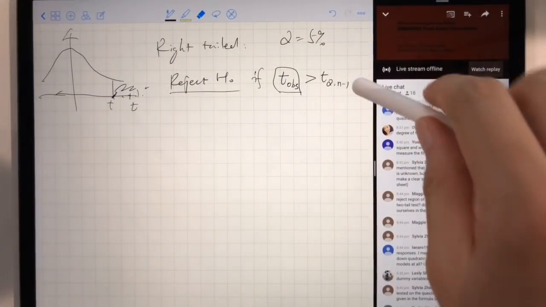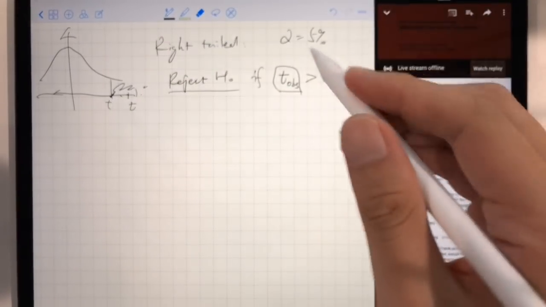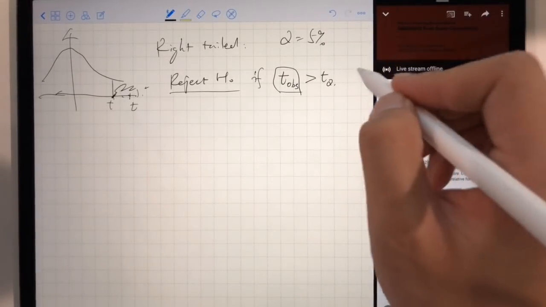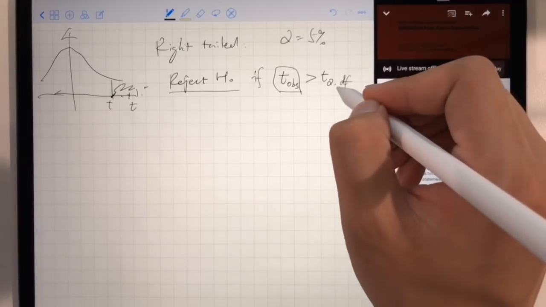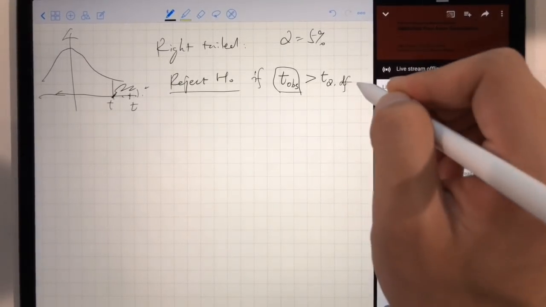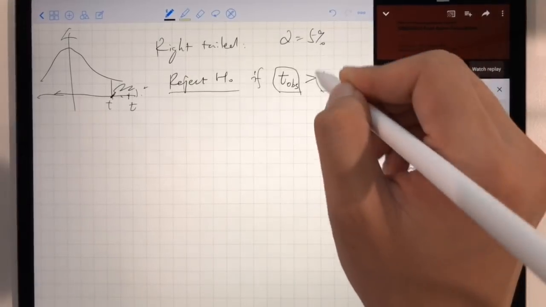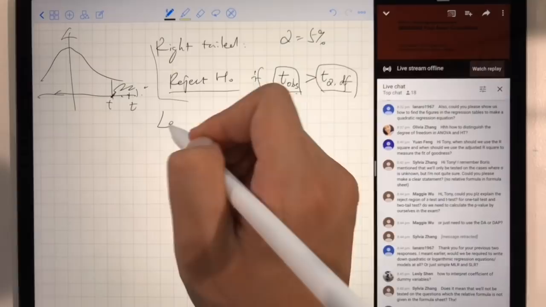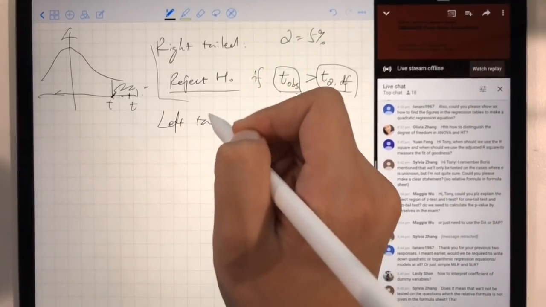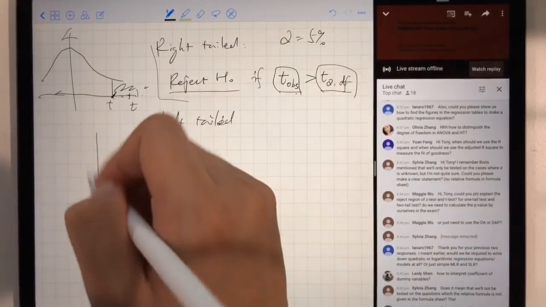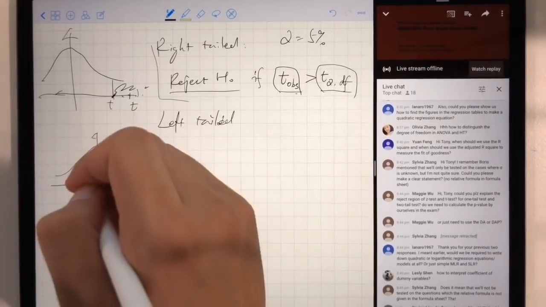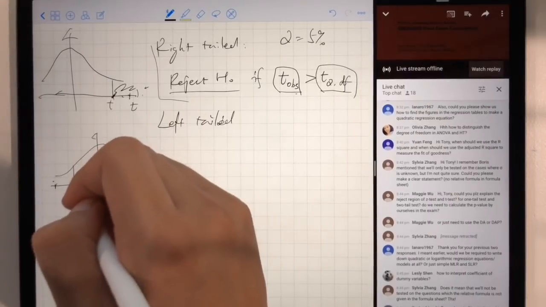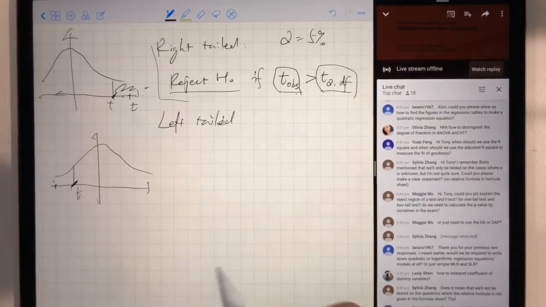In order not to distract or mislead you, I use degrees of freedom over here, okay? Which means this is the critical value. So this is the right tail test. If it is a left tail test, you will reject the null hypothesis when the observed value is less than your left critical value, right?